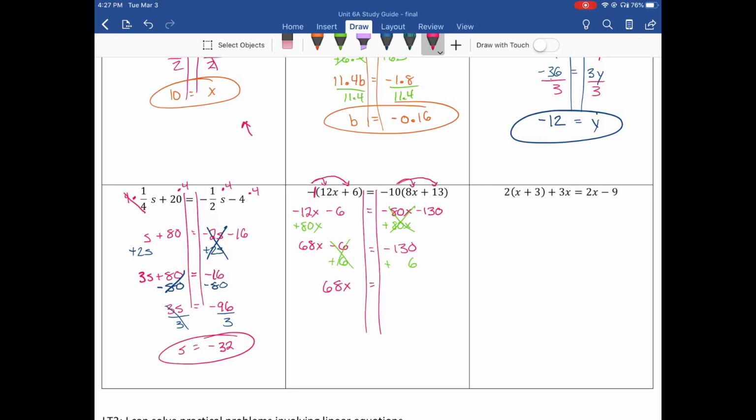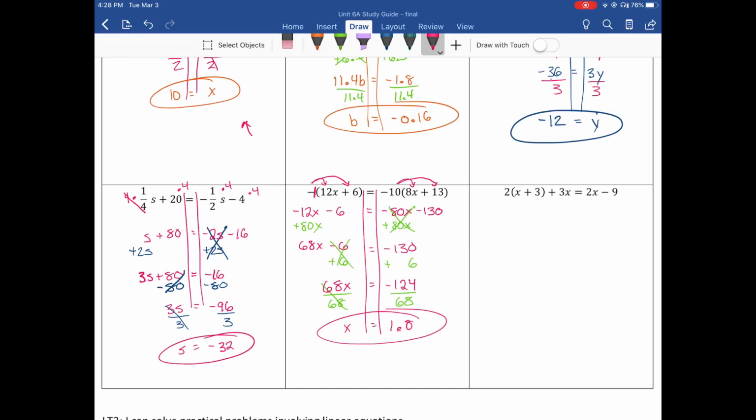And we're left with 68x is equal to negative 124. Then we divide by our coefficient. And we're left with x is equal to 1.8-ish if we round it.